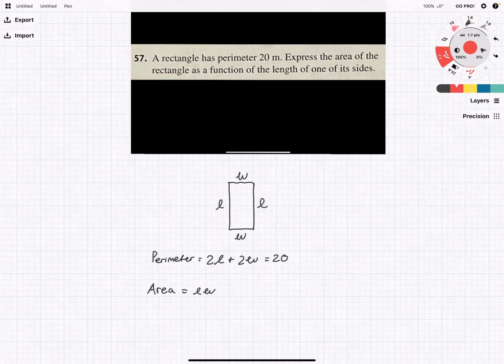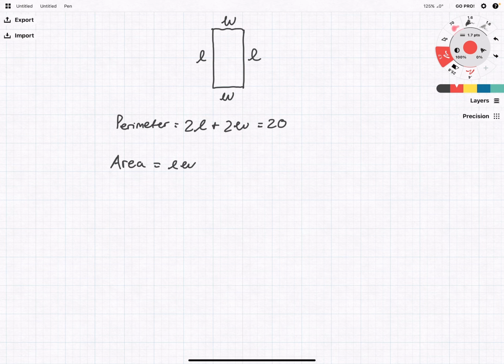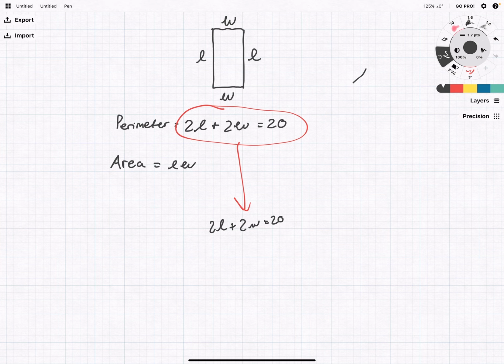And so what that means is let's take the perimeter equation for a second and bring it down here. So we have 2L plus 2W equals 20. Well, we can subtract, here we are. Yellow is not a good idea, never mind. Sorry, that was a mistake.